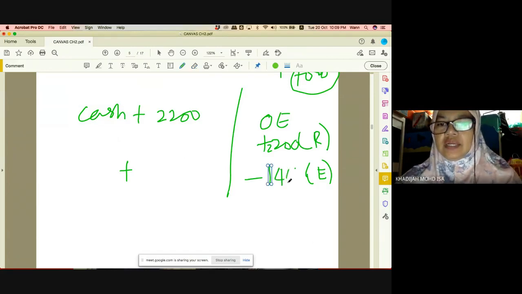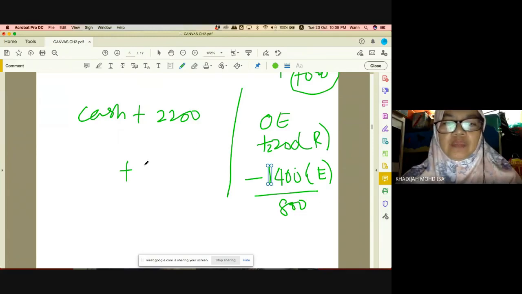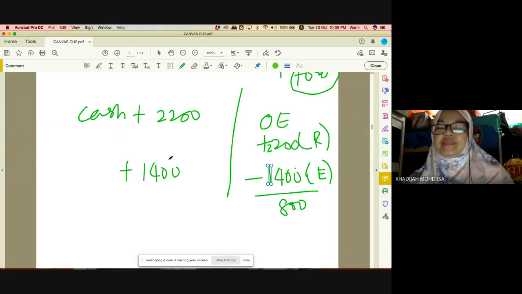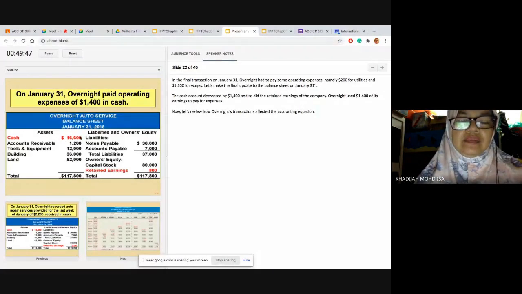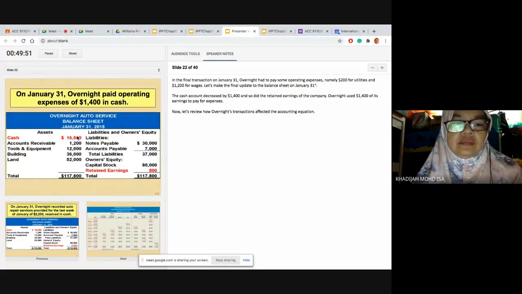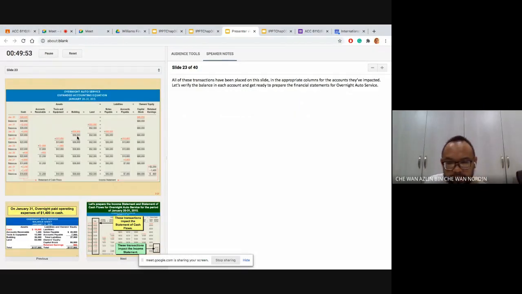So bila you tengok initially it was 2,200 minus 1,400, that's why you tinggal 800 OE. Betul? Yep. But kat sini you tambah 1,400 cash. Tambah. So that's why it becomes like this. Yang ni minus lah ni. Yang cash bukan minus juga tu.